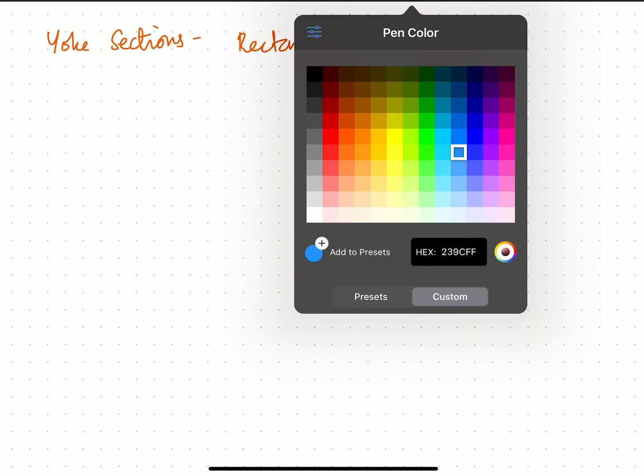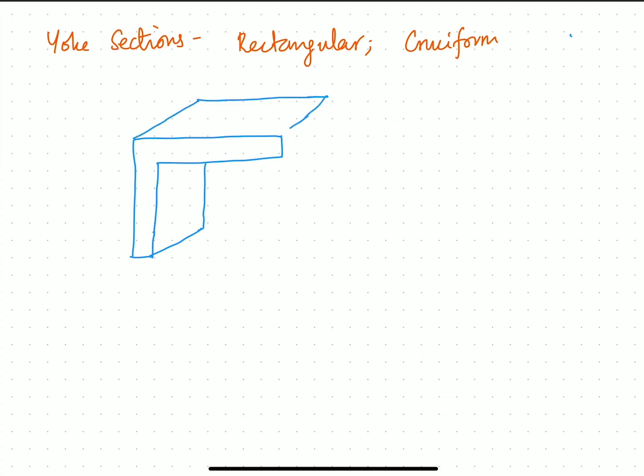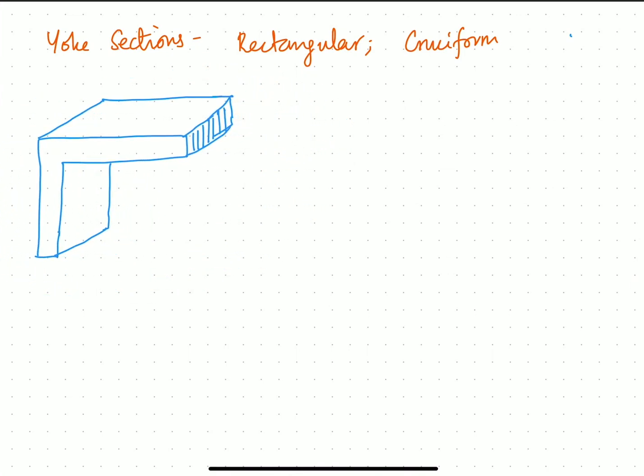A rectangular yoke looks something like this. This is a rectangular yoke, rectangular leg and yoke.